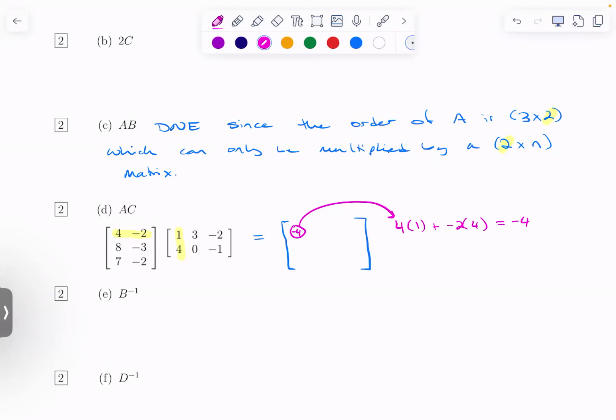That's one of the 3 by 3 entries. Then, to make the next entry, keep the same row. You want to be in the same row, but you want the next column. 4 times 3 is 12 plus -2 times 0 makes 12.